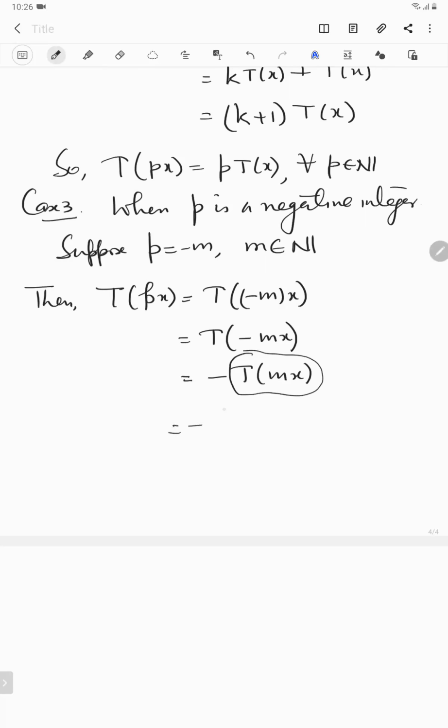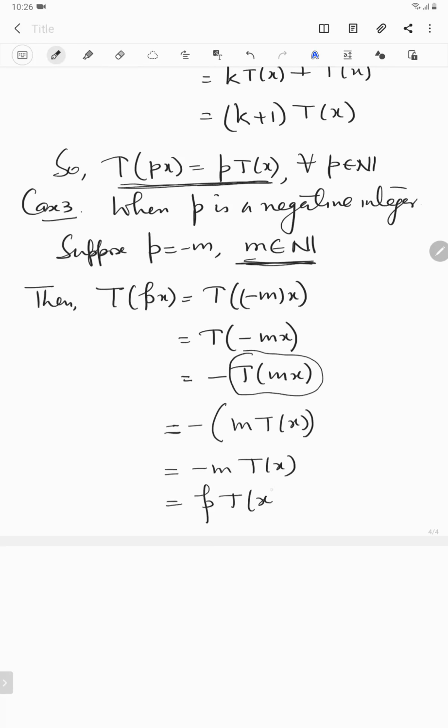So we can say that this is equal to m times tx, because we have proved that this result is true when p is positive. So here instead of p we are taking m, and m is a natural number. So this becomes minus mtx, and minus m is again p.